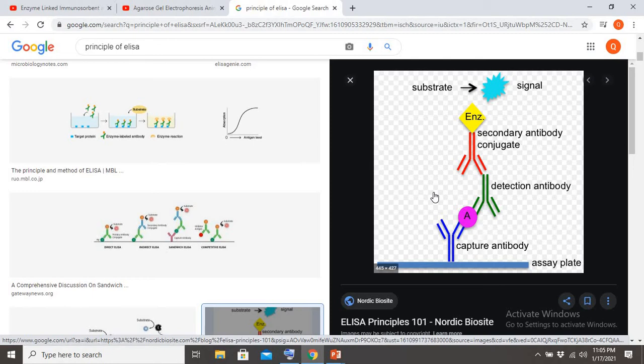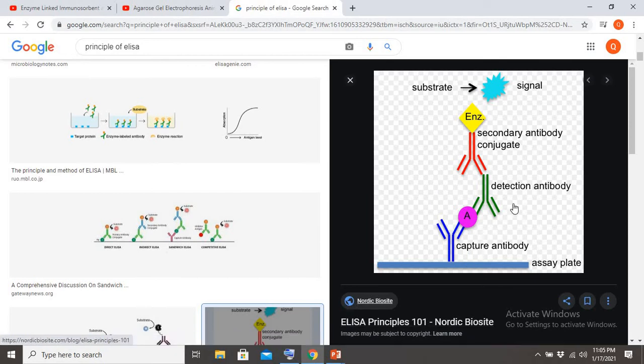In this spectrophotometer we perform a test to find out the concentration of any protein in the blood or in any body fluid, and this test has a name. The name of this test is ELISA.